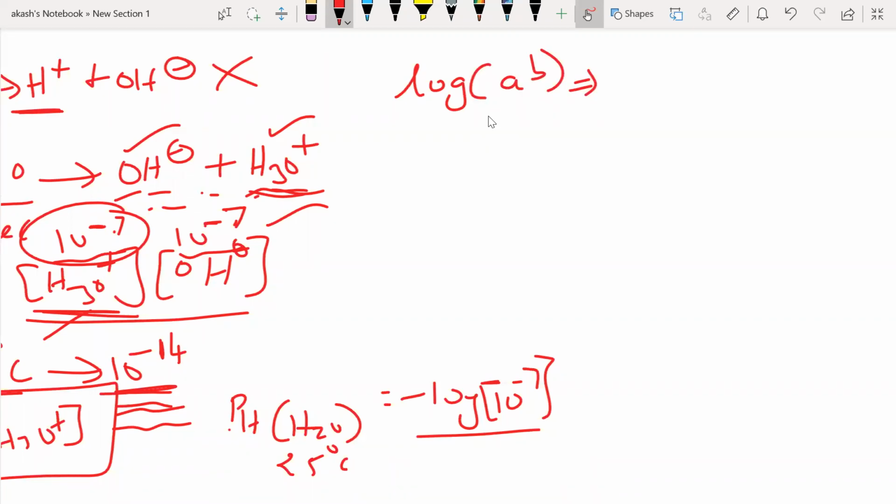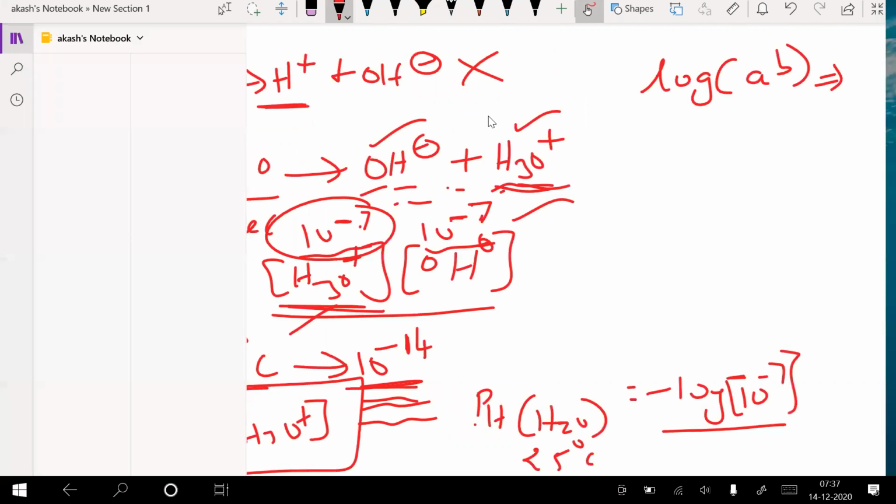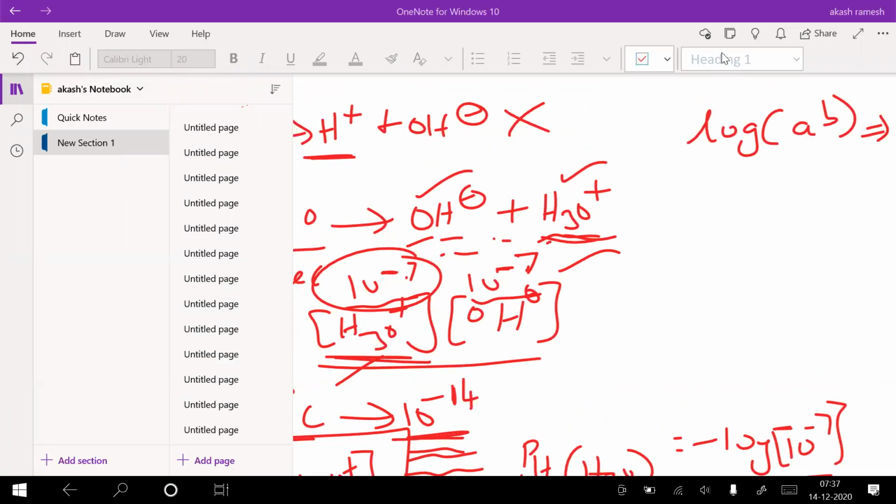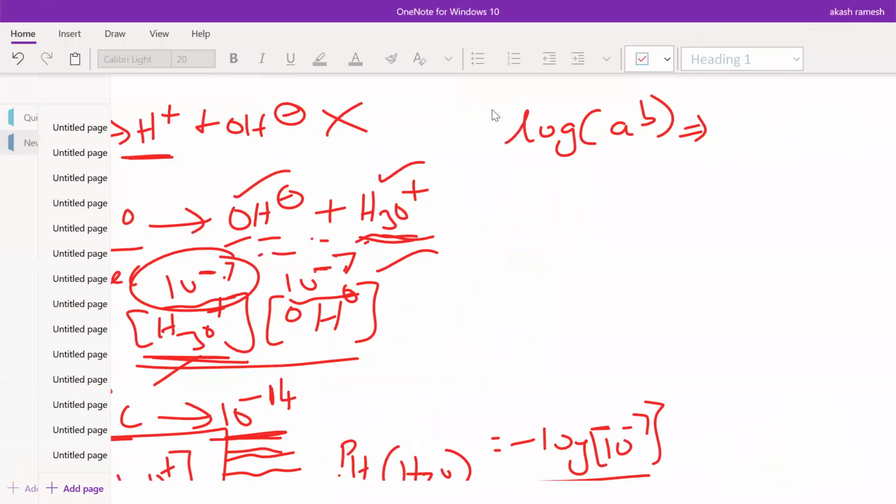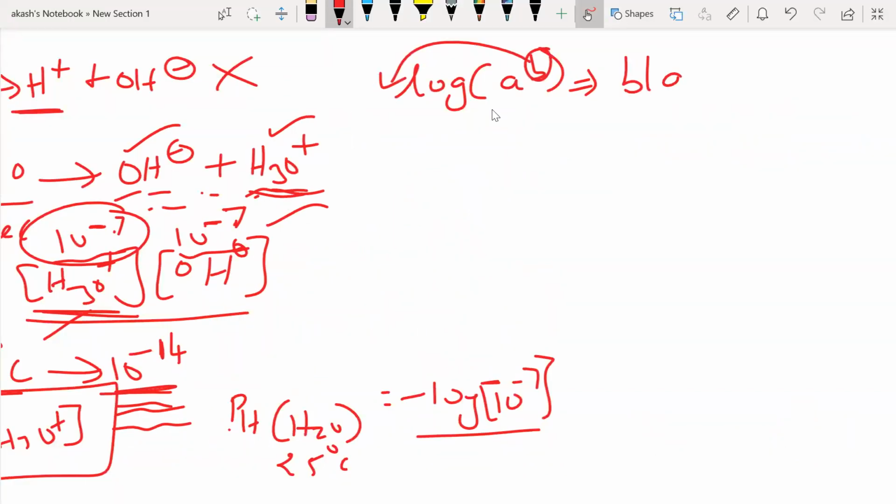Log of a to the power b, how can I rewrite it? Anybody remember? Correct, thank God. You have to put this b here. So I can write this as b log a. Guys, please remember this. These logarithmic operations are going to be very, very useful.